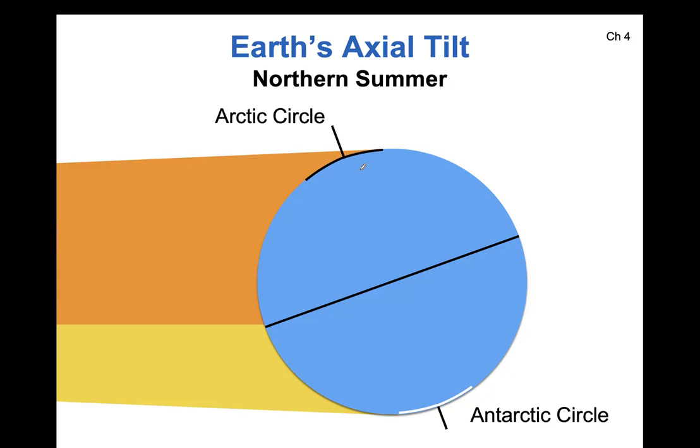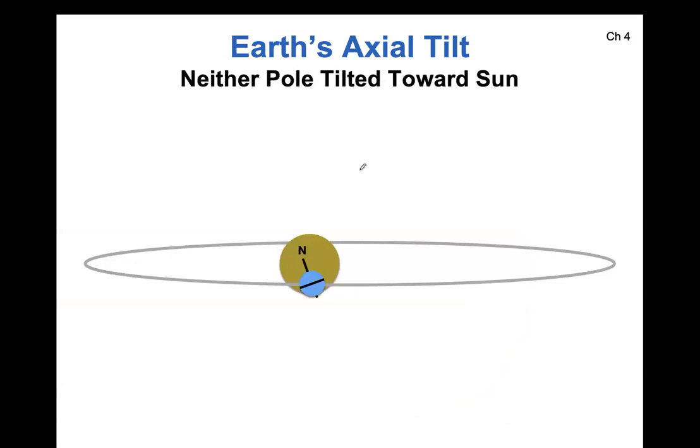That's what defines the Arctic and Antarctic circles. So we've established the rules for summer in both hemispheres, as well as, by relationship, what the winters mean, although we didn't talk about them as much. They are just the opposite.